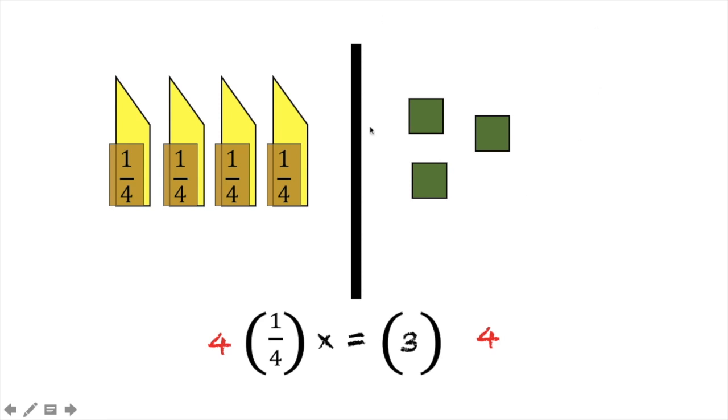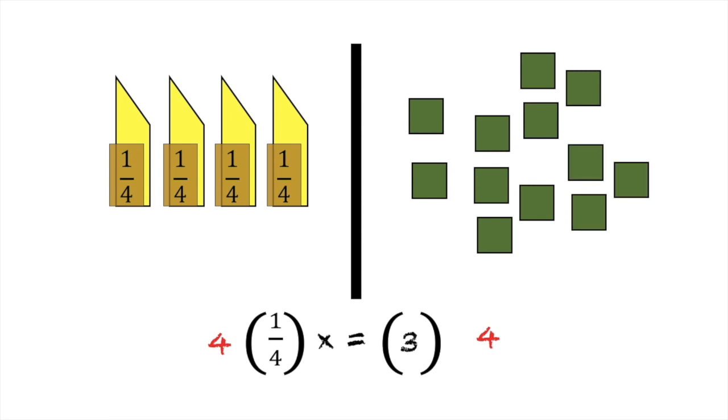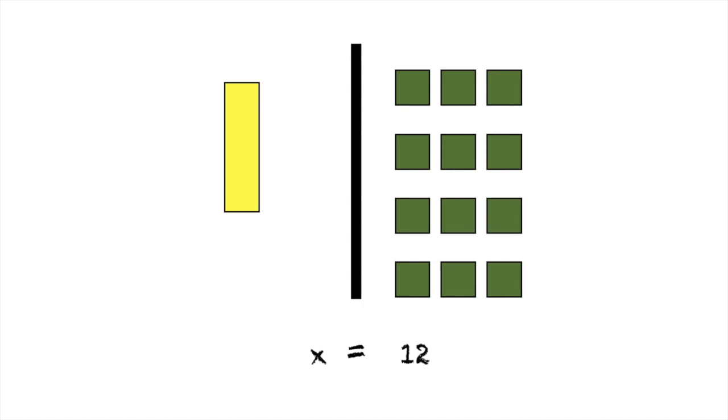We will take these 3 units 4 times. So that's 1, 2, 3, and 4. So here we have 4 times 1/4. Common factor is 4. So that leaves us with 1 times x, it's just x. And 3 times 4 gives us 12. So we have x is equivalent to 12.